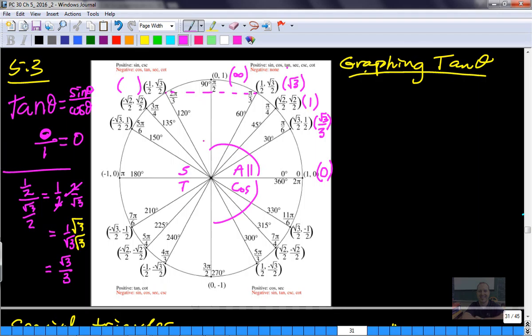All are positive in this one. Sine is positive in this one, and this is tan. So sine is the only one that's positive here, so this is going to be negative root 3, because it's the same values divided as in this quadrant, just with a negative sign. So we've got negative 1, and we've got negative root 3 over 3.